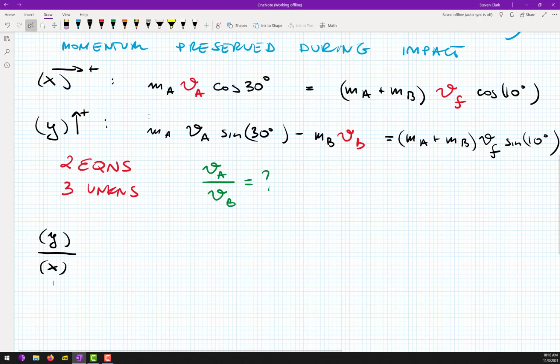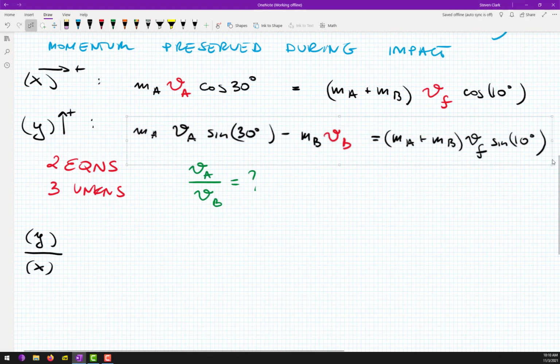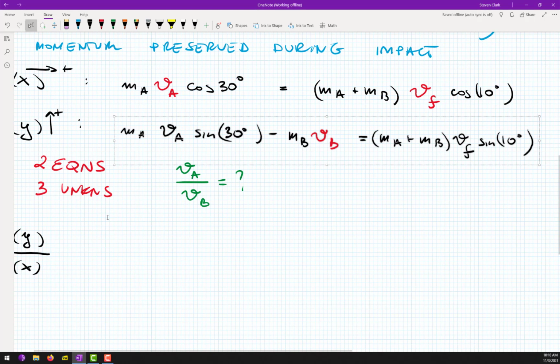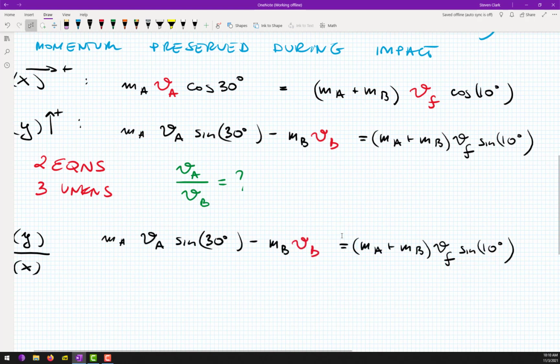Okay, so I'm just going to copy this. This is equation number y. I'm just going to divide this left-hand side by the left-hand side, and the right-hand side by the right-hand side.